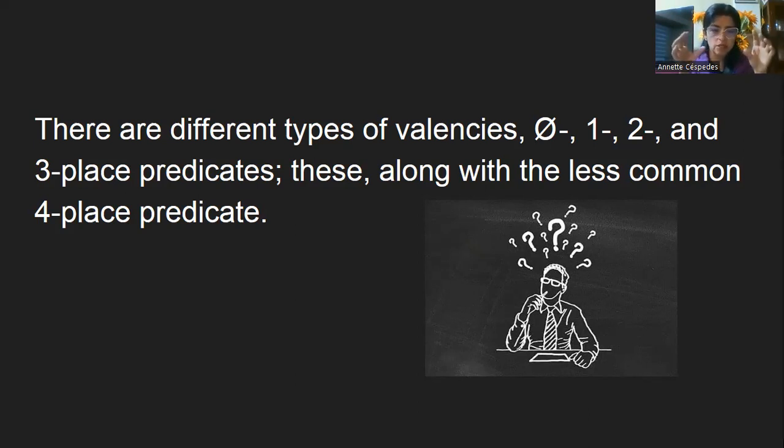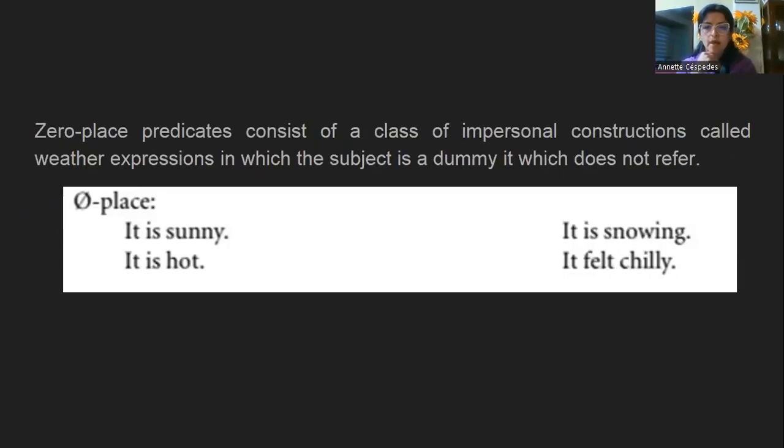So let's see each one of them. 0 place predicates consist of a class of impersonal constructions called weather expressions, in which the subject is a dummy, which does not refer, right? It's just weather expressions. Let's see the 0 place examples. It is sunny, it is hot, it is snowing, it felt chilly, it is warm, right? So just weather expressions.